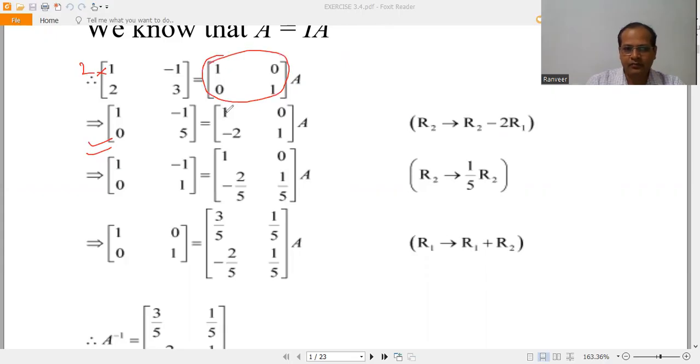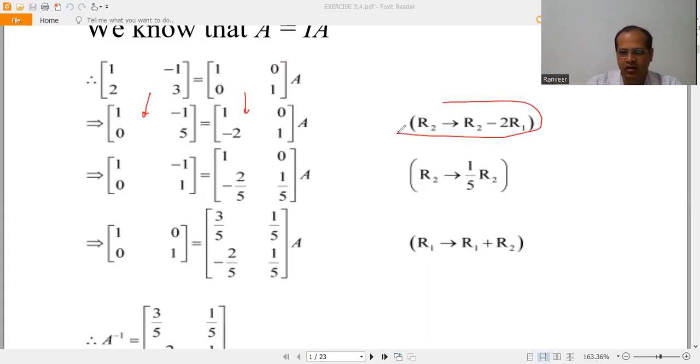Like 1, 0, it is the same because we are just multiplying by 2. After that 0 minus 2 is minus 2, and 1 minus 0 is 1 only. So this is the first step.